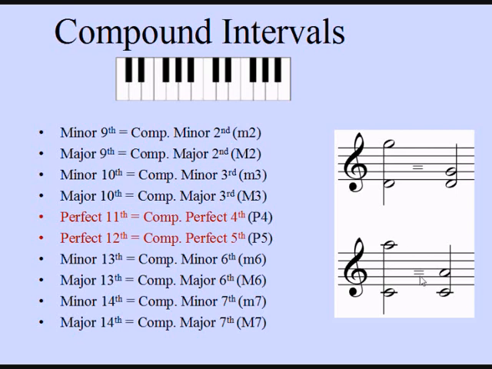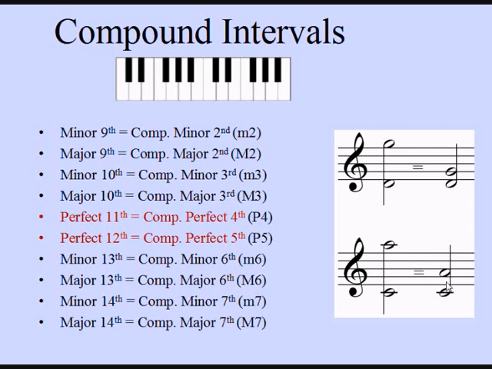For example, another two notes here, a C and an A. We just drop that top note down one octave, and we can see that this is a major sixth.